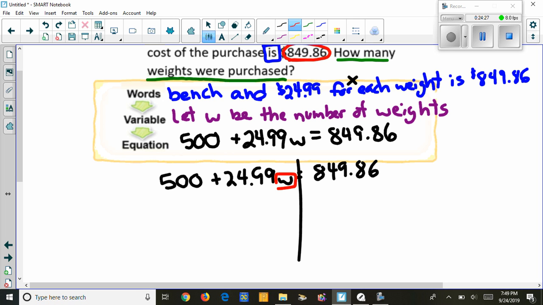I have this 500 in front, and note that it is a positive 500, which means step one is going to be to subtract.